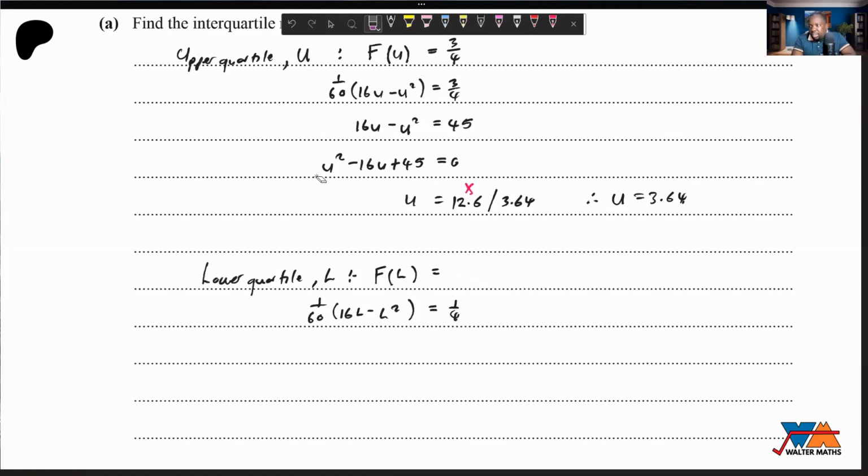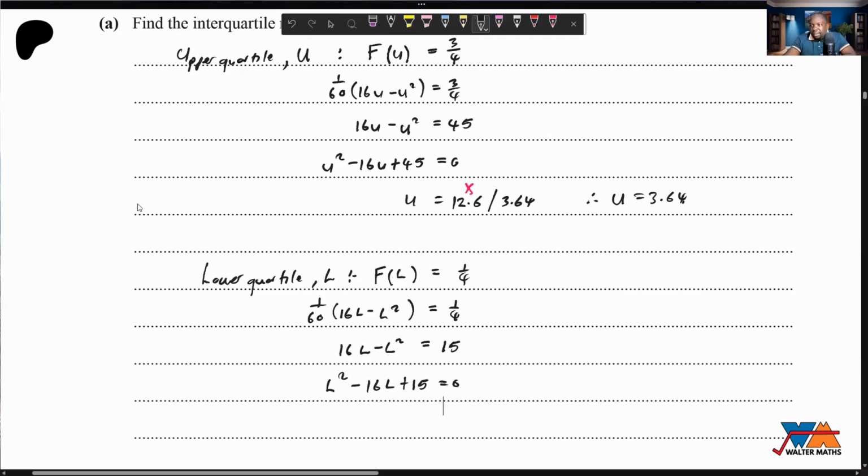So this is going to be 16L minus L squared is equal to 15, and that's L squared minus 16L plus 15 equal to 0.